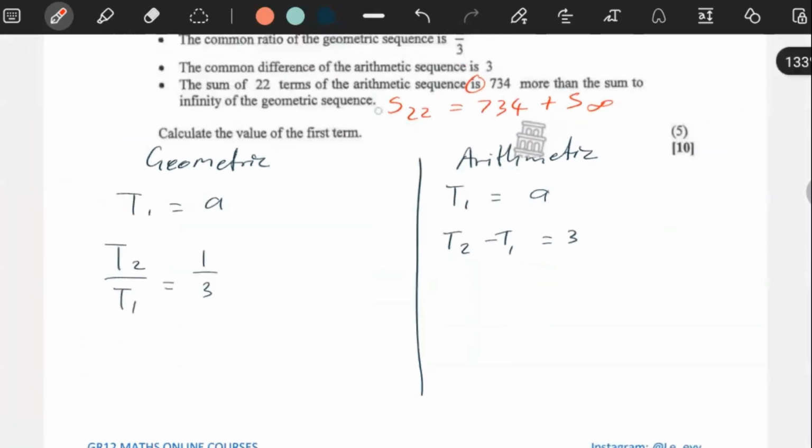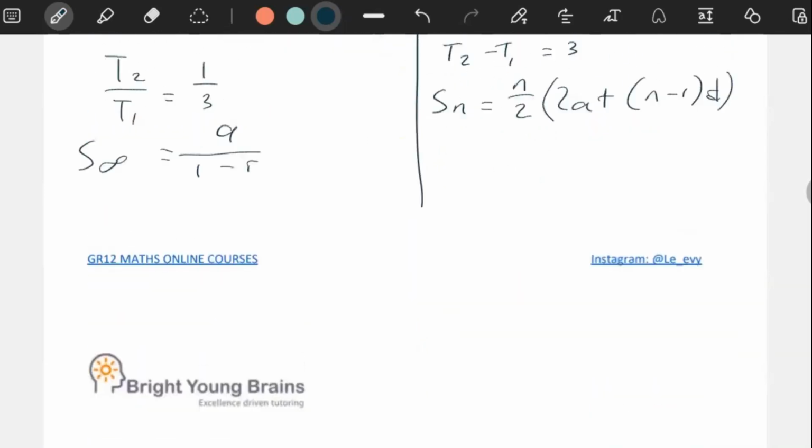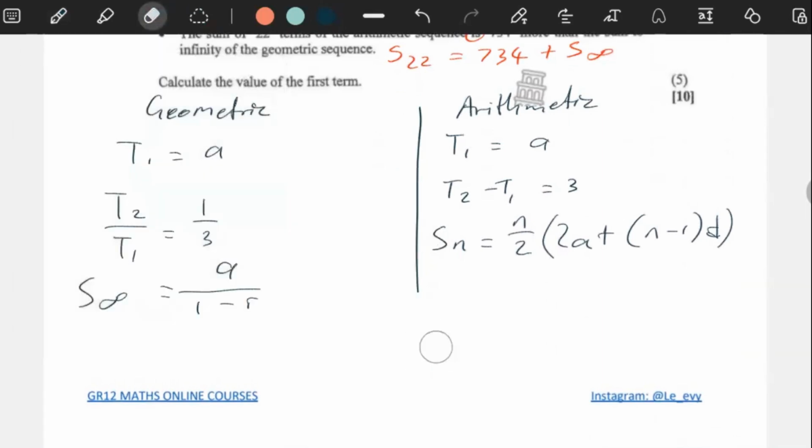So we're using the SN formula of an arithmetic sequence: n over 2, 2a plus n minus 1 times b. And then sum to infinity deals with a geometric sequence: a over 1 minus r. With all this being done, we need to write out the formula that we know is correct.